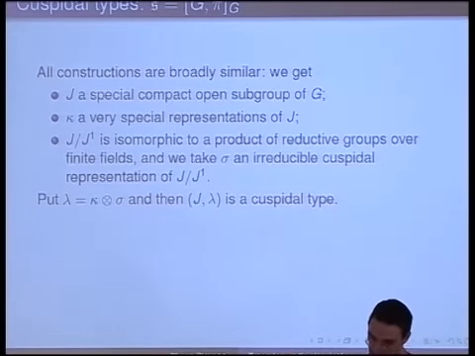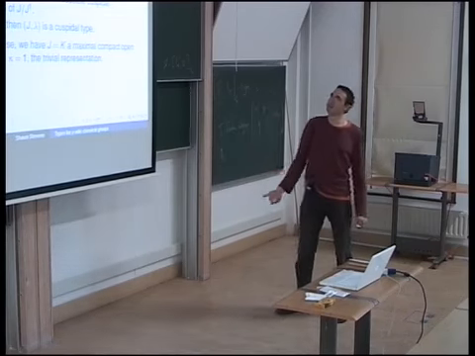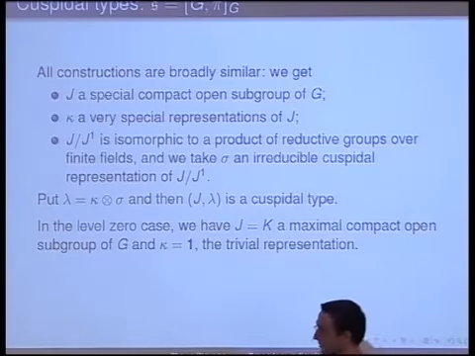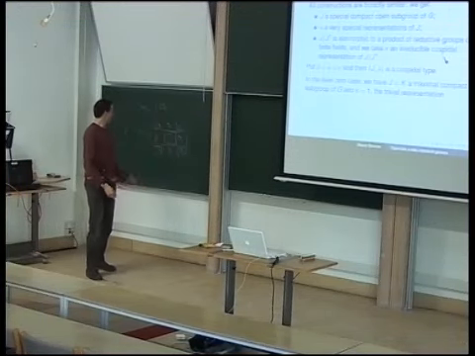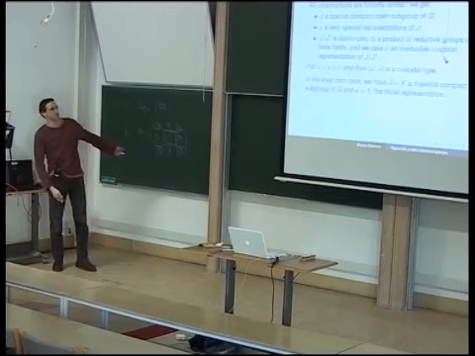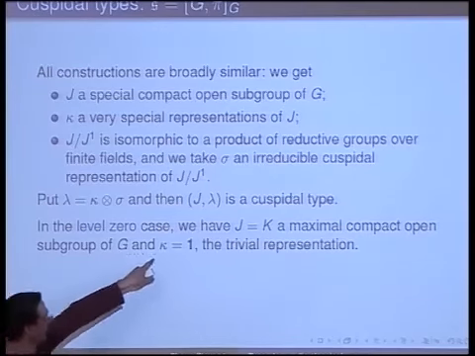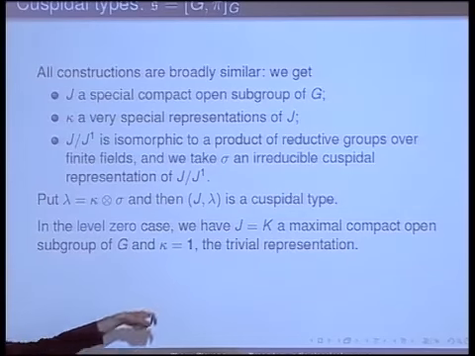Okay, and then in what's called the level 0 case, the group J is actually a maximal compact. So it really is something like this in the symplectic group. So then the quotient here really just would be a product of two symplectic groups. Because this special representation kappa, very special, is the trivial representation, which of course is very special.